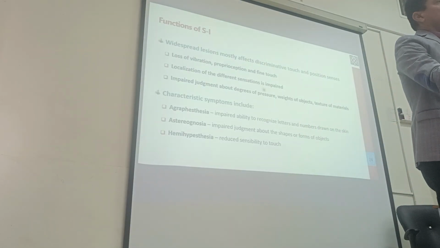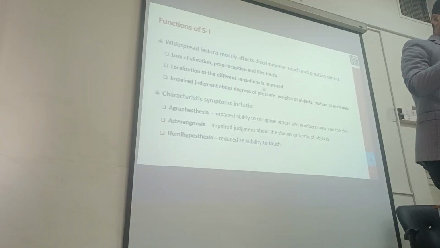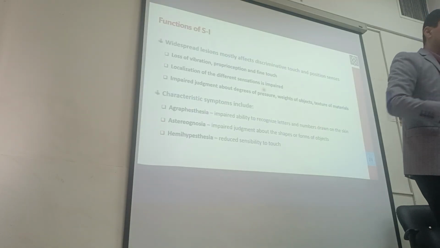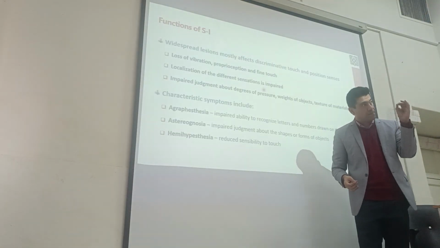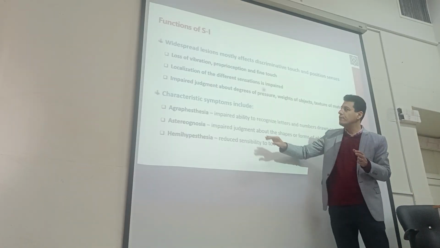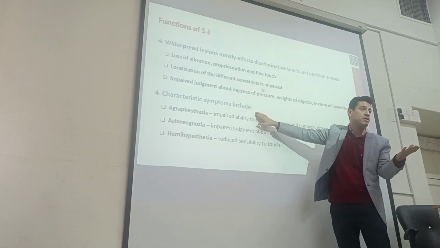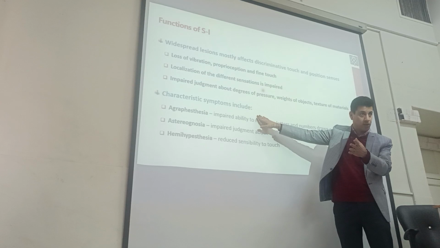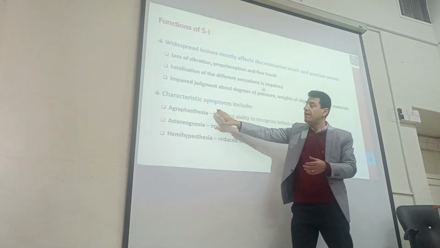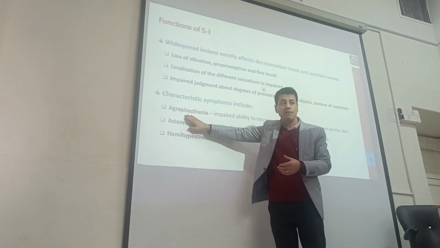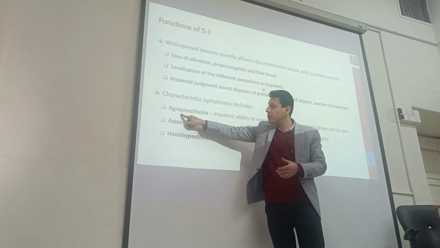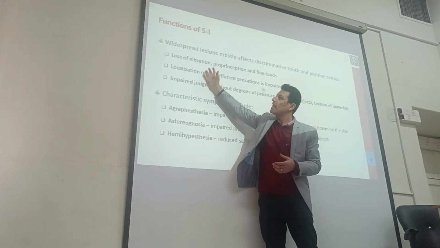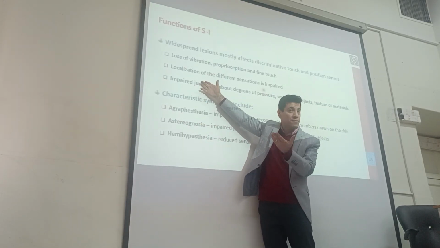So this loss is represented clinically in some symptoms or some signs. So if you want to examine the patient, after removal of somatosensory area 1, the patient will have agraphesthesia. This language is related to physiology.